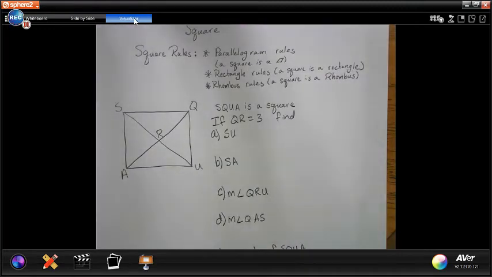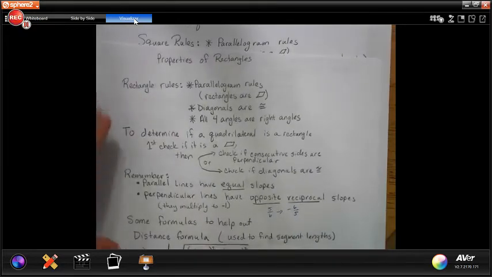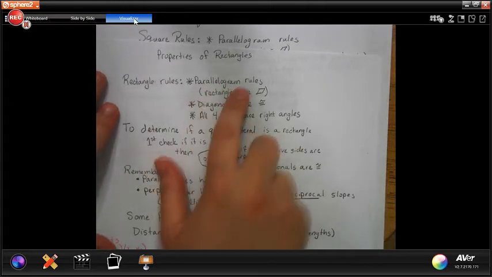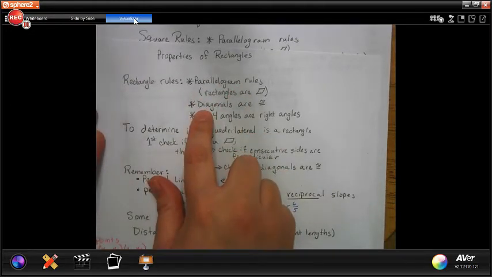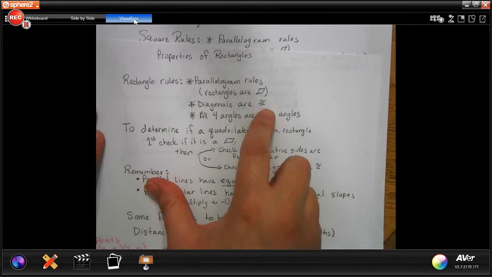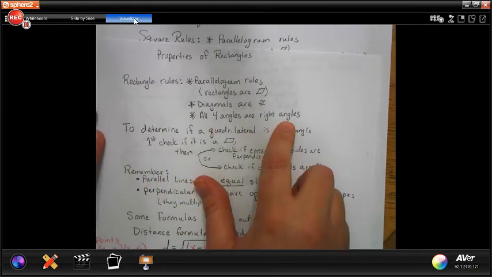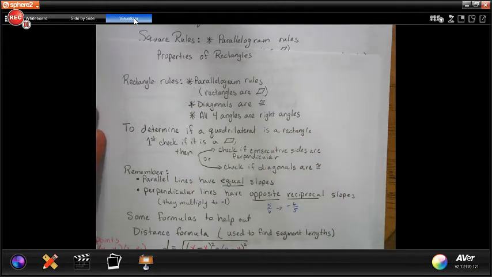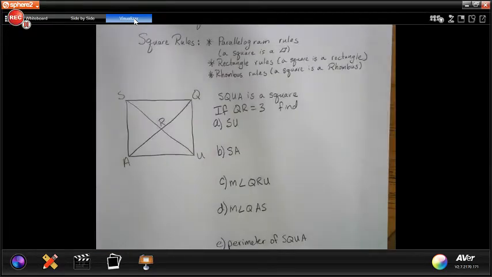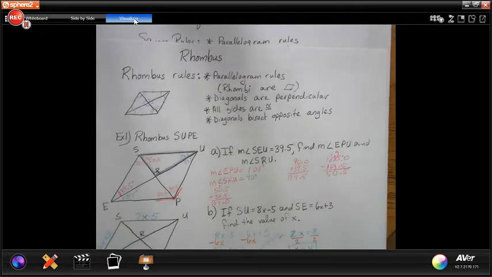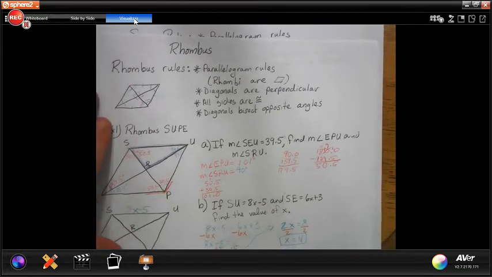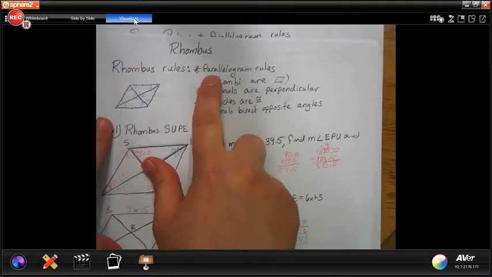That's just the parallelogram part, but we also have rectangles. Rectangles have special rules, so rectangles also use the parallelogram rules. But the special thing about rectangles is the diagonals are congruent, so you have equal diagonals, and all four angles are right angles. Obviously, that's the case on a square. And then the rhombus: a rhombus is not a rectangle, but a rhombus is a parallelogram.